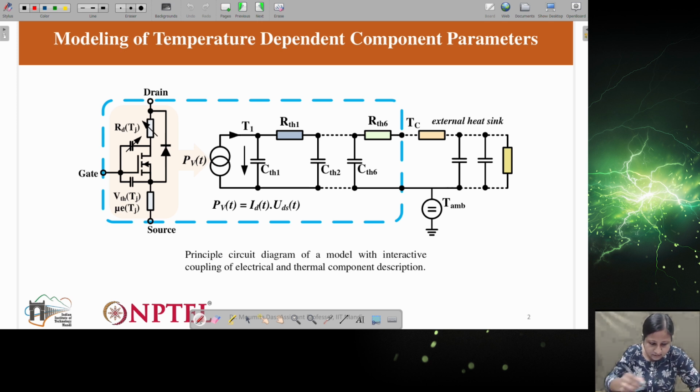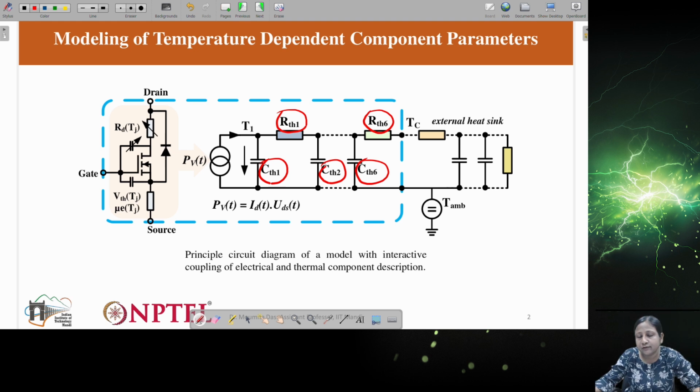These resistances and capacitances are the different resistances and capacitances of the device, which will dissipate some amount of heat, as I have already discussed in the last lecture. The heat after dissipation is the case temperature.